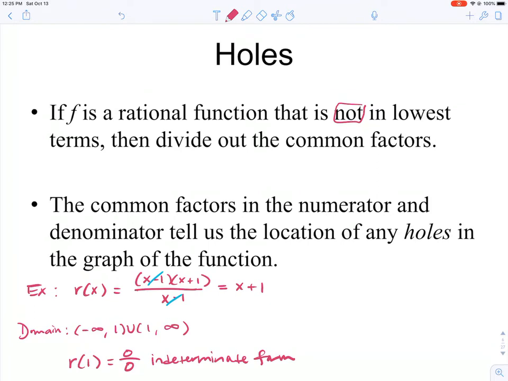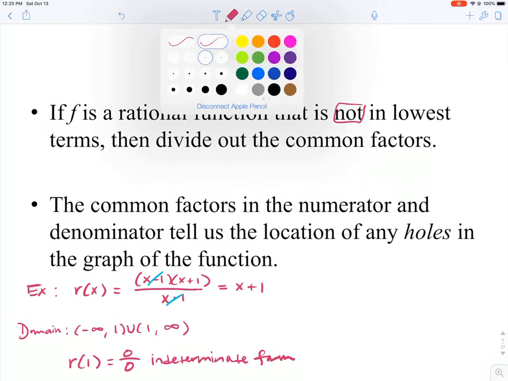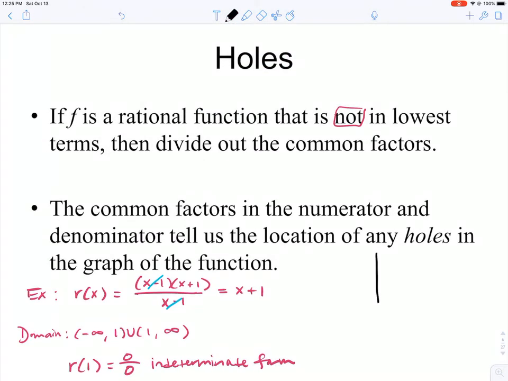So 1 is our domain restriction. x cannot be equal to 1. But what does this graph look like? It's kind of interesting. So the graph of r of x is actually going to look very similar to the line x plus 1, so to the simplified version of the equation.